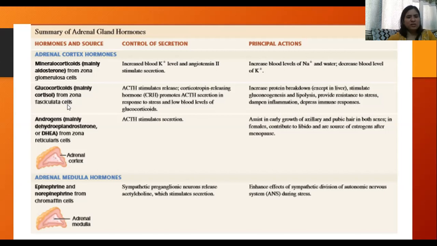Glucocorticoids from the zona fasciculata cause increased protein breakdown, stimulate gluconeogenesis and lipolysis, provide resistance to stress, dampen inflammation and depress the immune responses.